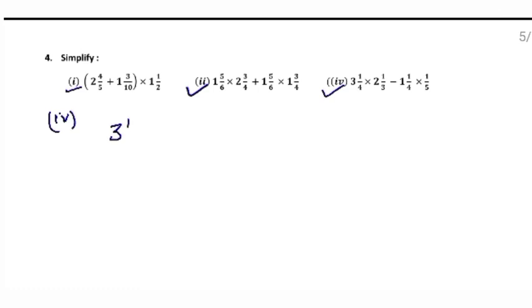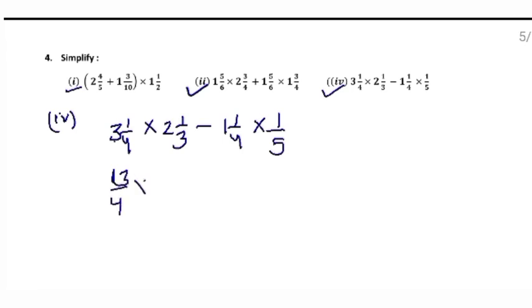3 whole 1 upon 4 multiply 2 whole 1 upon 3 minus 1 whole 1 upon 4 multiply 1 upon 5. Firstly, change the mixed fractions into improper fractions. 4 3s are 12 plus 1, 13 upon 4. Multiply 3 2s are 6 plus 1, 7 upon 3.